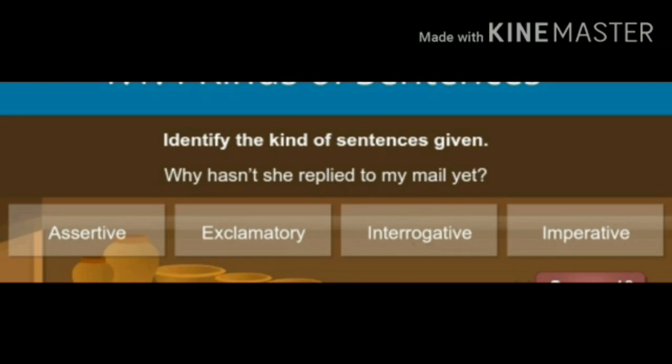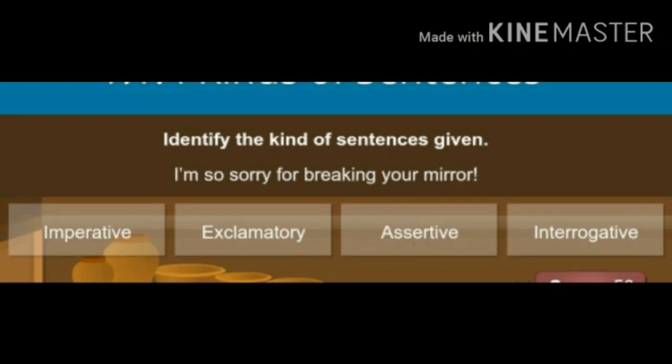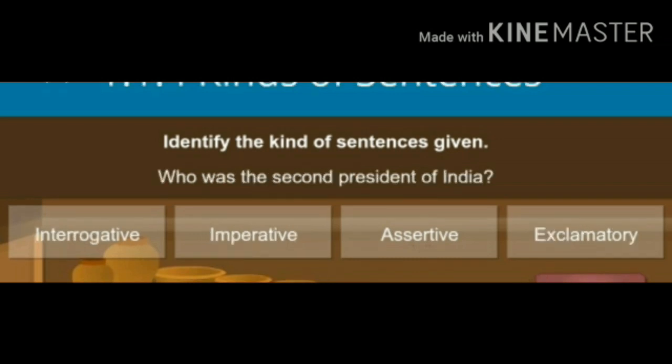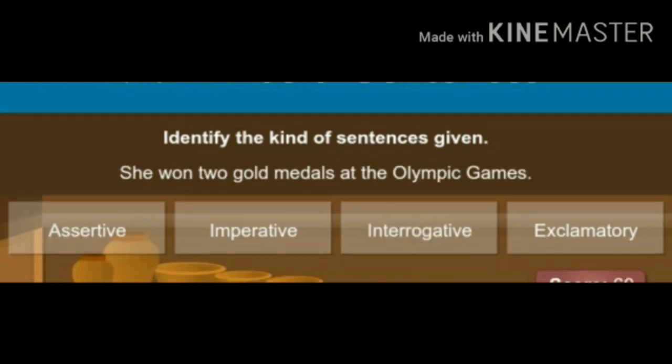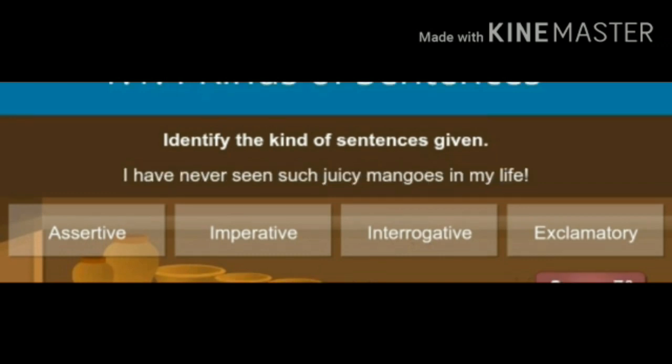Why hasn't she replied to my mail yet? I am so sorry for breaking your mirror. Who was the second president of India? She won two gold medals at the Olympic Games. I have never seen such juicy mangoes in my life.